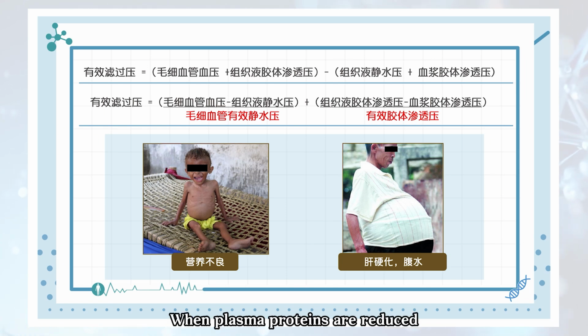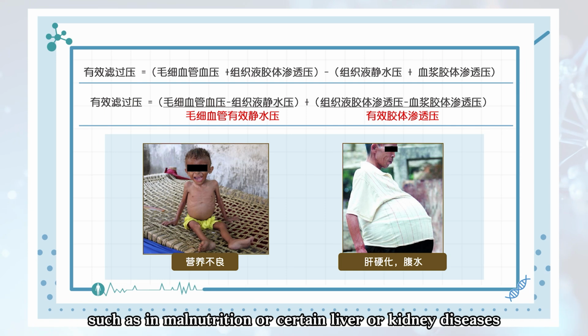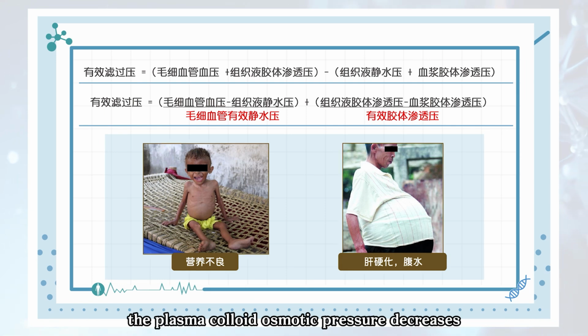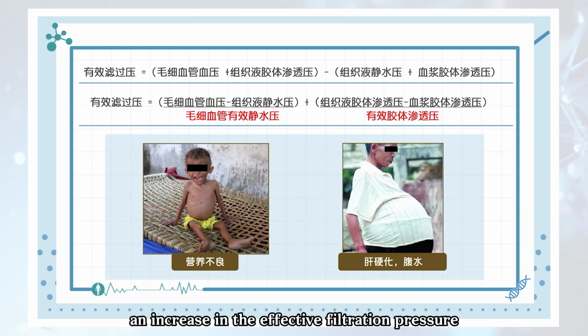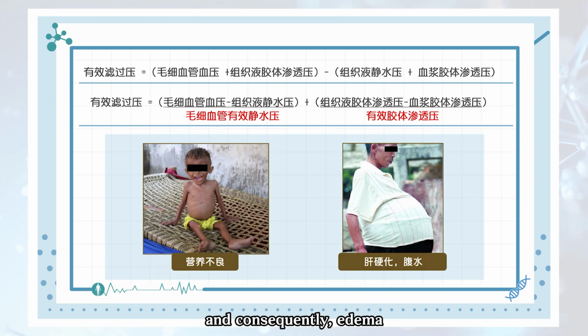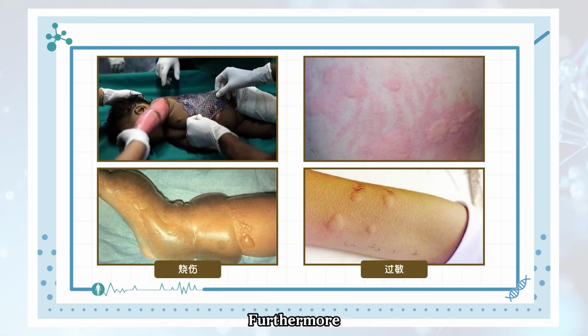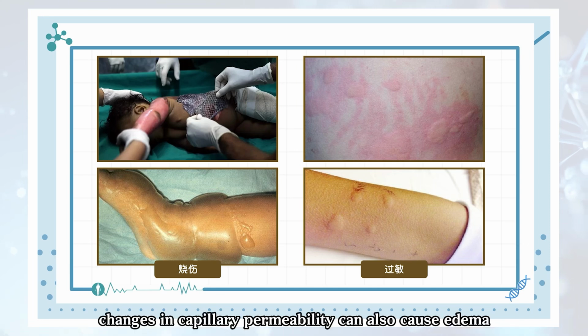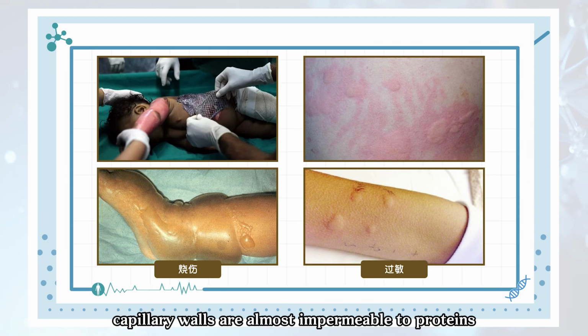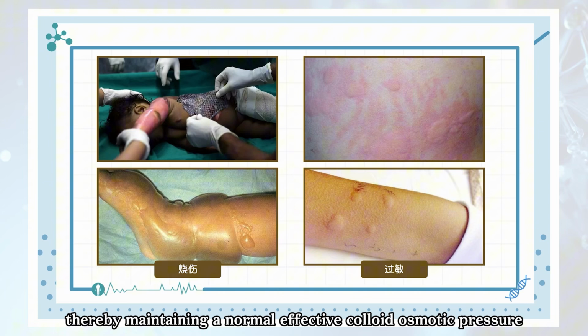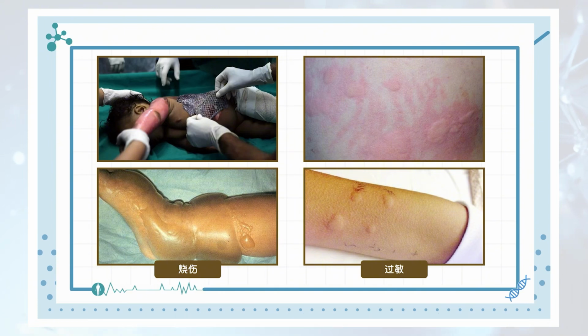When plasma proteins are reduced, such as in malnutrition or certain liver or kidney diseases, the plasma colloid osmotic pressure decreases, leading to a decrease in the effective colloid osmotic pressure, an increase in the effective filtration pressure, and consequently, edema. Furthermore, changes in capillary permeability can also cause edema. Normally, capillary walls are almost impermeable to proteins, thereby maintaining a normal effective colloid osmotic pressure.